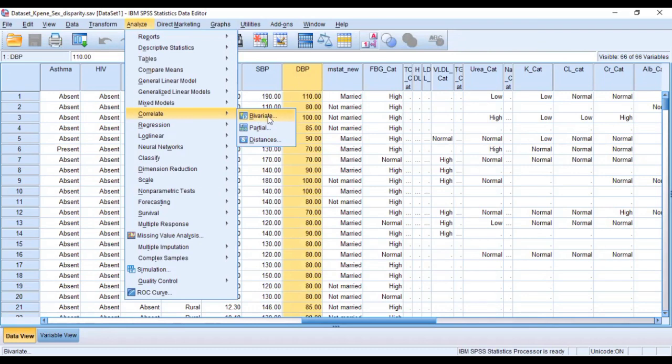Now for SPSS, you realize that we have bivariate and then a partial correlation. Now the difference is that for the bivariate one, you are just comparing how two quantitative variables vary with each other.